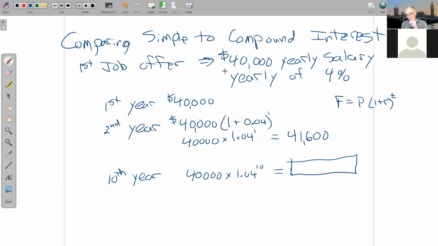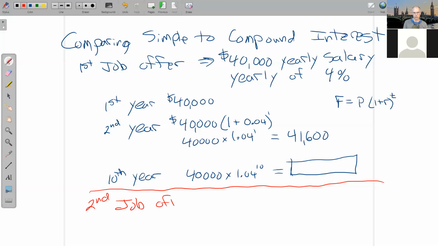Now, that's his first job offer, but he applied for a bunch of jobs. So he gets this offer and he says, okay, I'll get back to you in a couple of days. I'm waiting here on a couple of other jobs. And this other company says, hey, we want to hire you too. What's that other job offer you get? And this second job offer, they look at the first one and they say, okay, we can beat that.